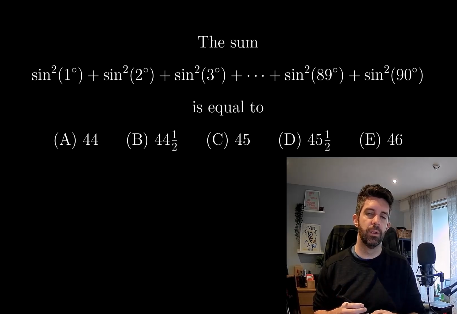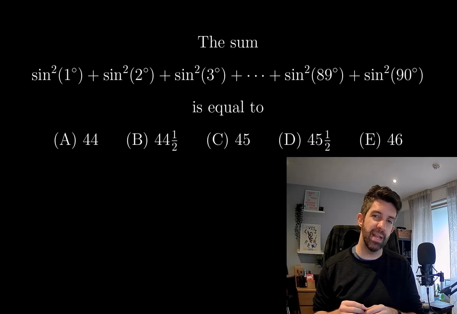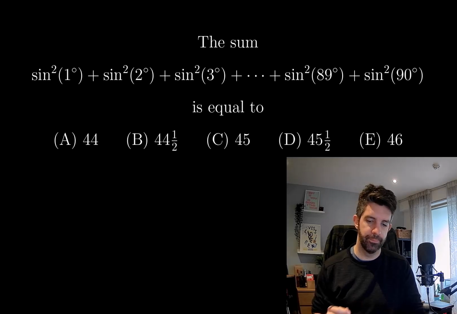So if we throw in sine squared of 0, which is equal to 0, then I have sine squared of 0 and sine squared of 90, sine squared of 1 and sine squared of 89, and so on. And maybe there's an identity we can use for something like that. I'm not sure if there is.